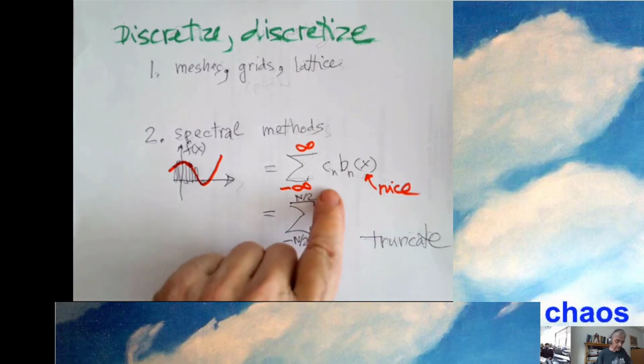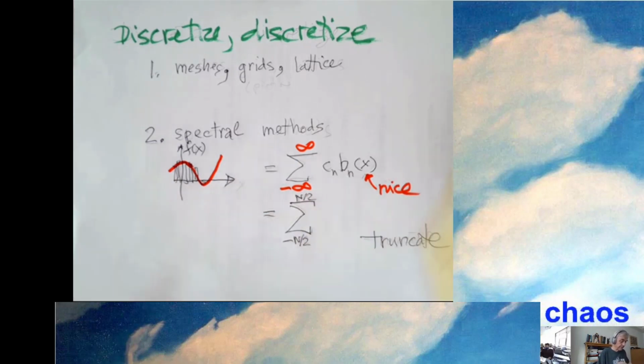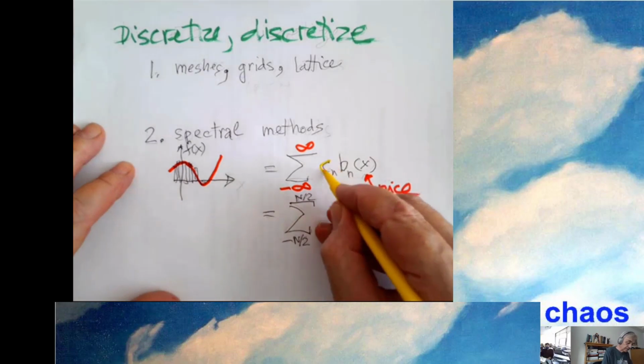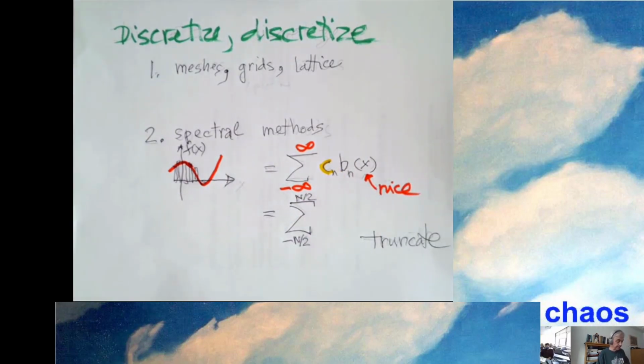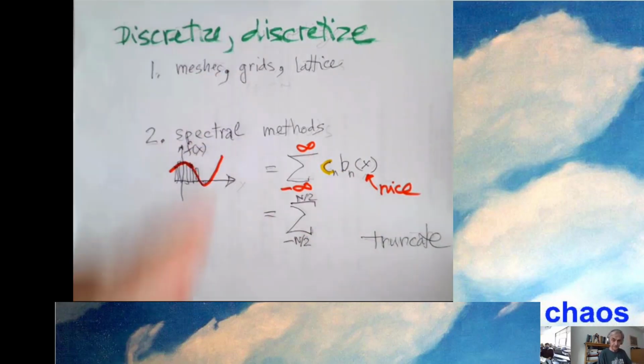In that new basis, I just have to compute these coefficients. And it turns out that if I do that to my pixelated image, it's much more efficient. So that's the idea of spectral methods.